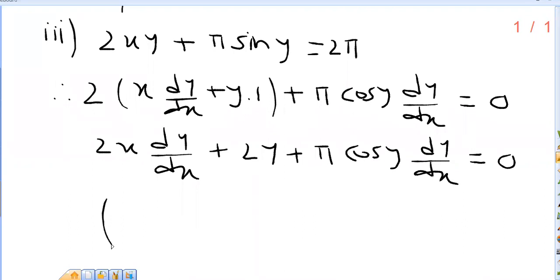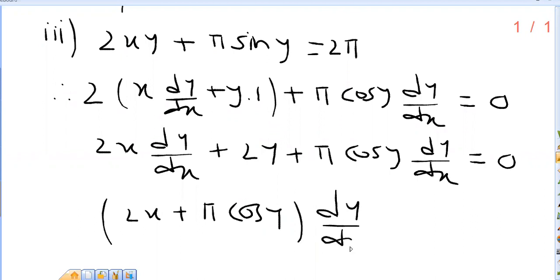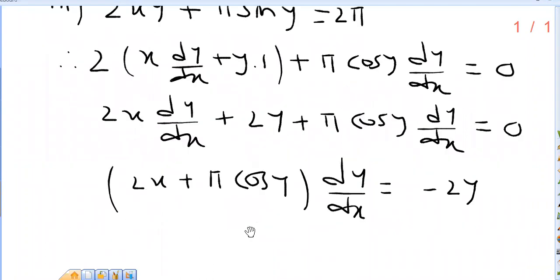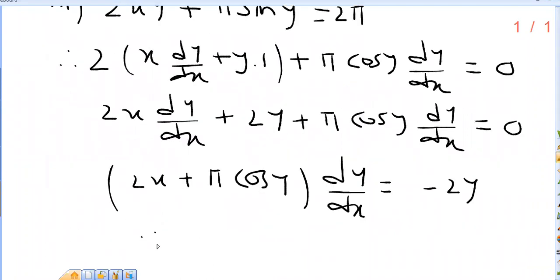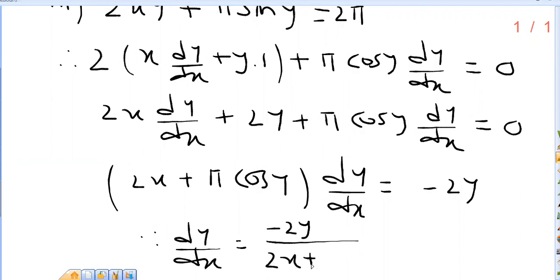So take dy dx common to get 2x plus pi cos y. So we are revising derivatives. Equal to what? Minus 2y. So gradient of the curve dy dx is minus 2y upon 2x plus pi cos y.